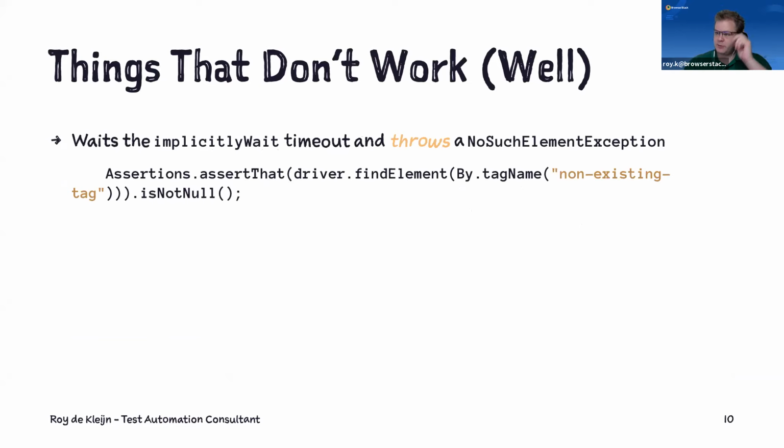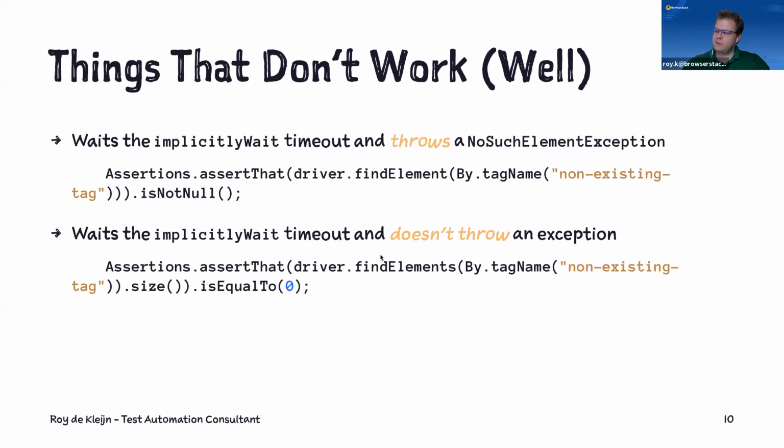The second case is a little bit better. Here we try to select a list of elements and then check the size. Also, this one will wait the implicit wait timeout, but in the end, it doesn't throw you an exception because this will get you a list of elements, and this list is empty, 0.